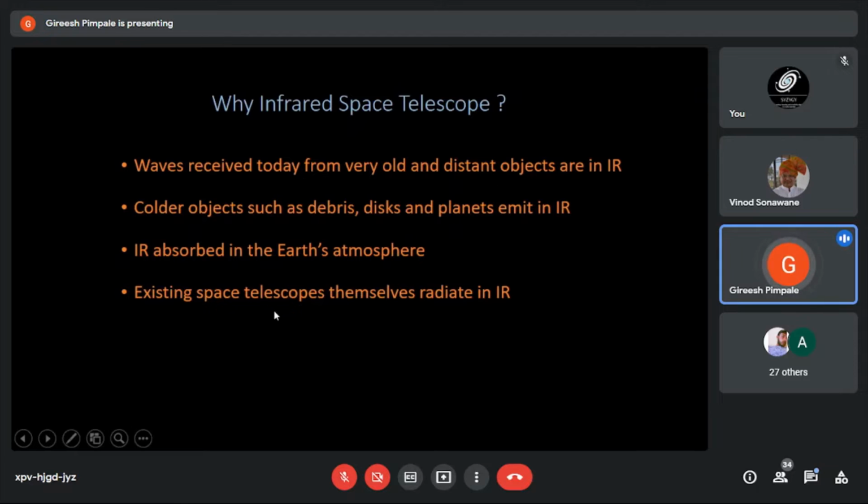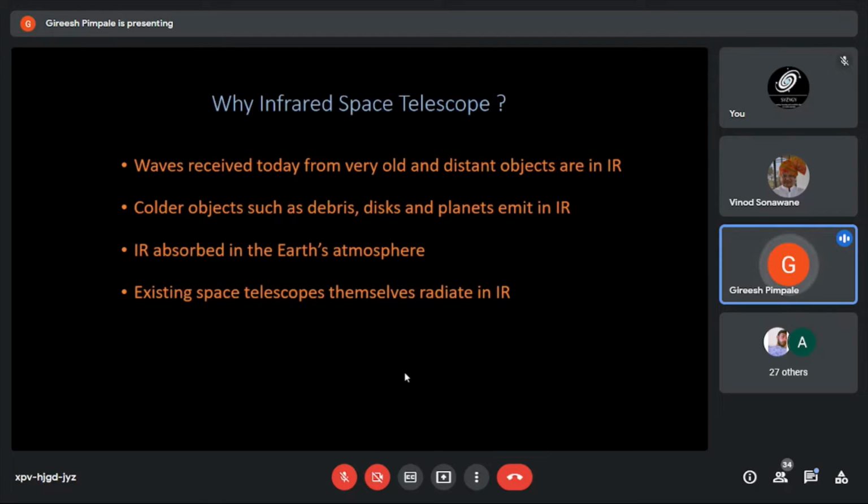What happens with existing space telescopes, for example the Hubble telescope, is that they themselves are emitting IR radiation. See, there is a principle in physics that all objects, including you and me, are emitting IR, infrared waves, at all temperatures except absolute zero.